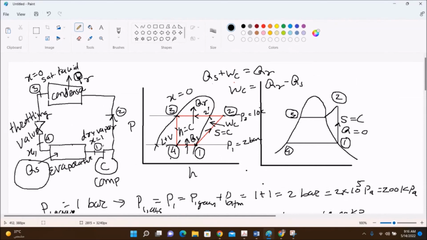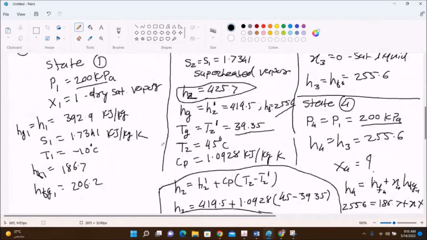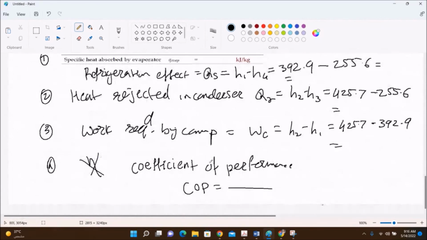So this is the desired effect, H1 minus H4, QS. It is called the desired output and it is QS. And what is the input? The compressor work, electricity. So the evaporator is H1 minus H4 and the compressor is H2 minus H1.